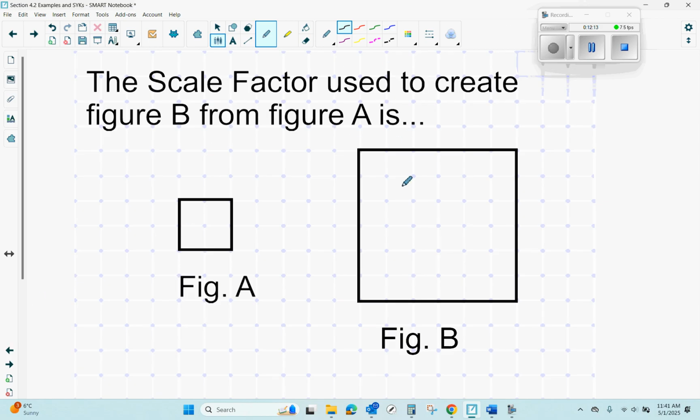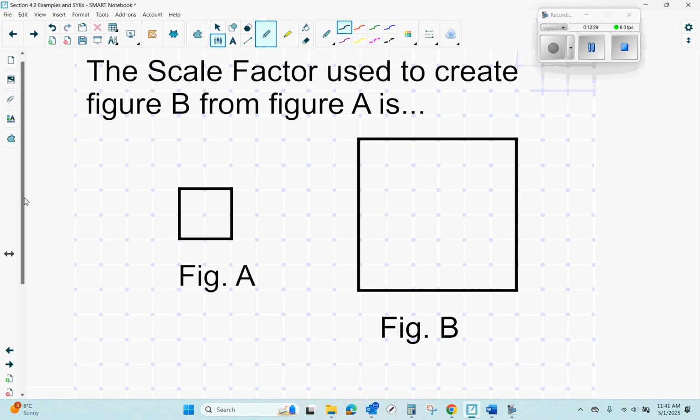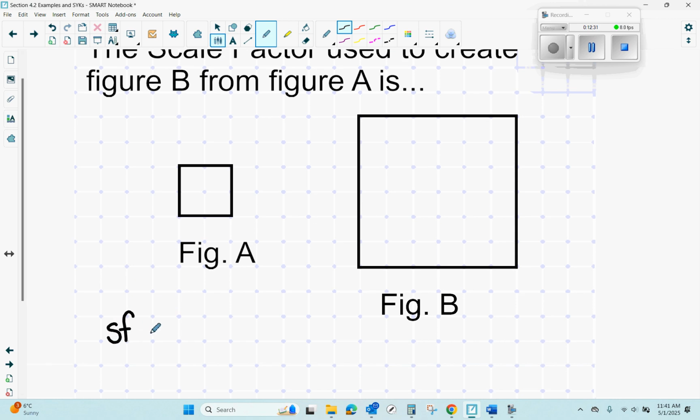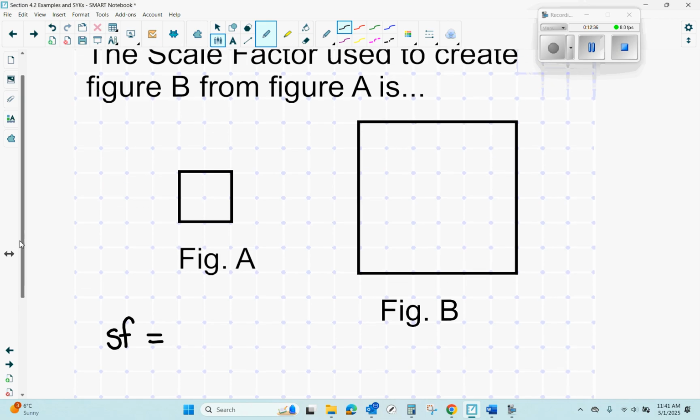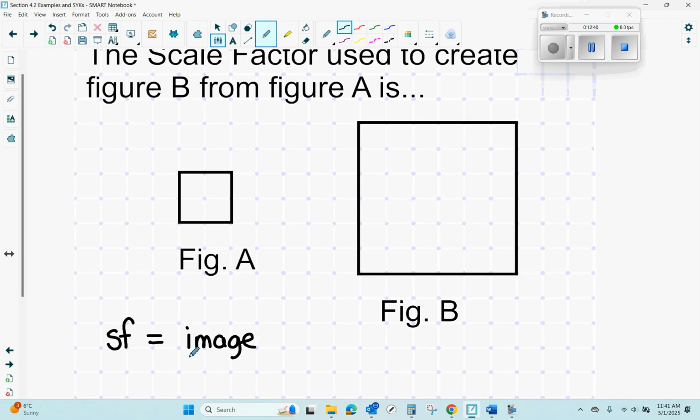Okay, the last little review examples I wanted to show you are more like what you might see on the exam this year. Find the scale factor that was used there. What scale factor was used? So we did a few of these last week, but some of you were absent, the band trip or various things. Scale factor is image divided by actual. This is always your image.